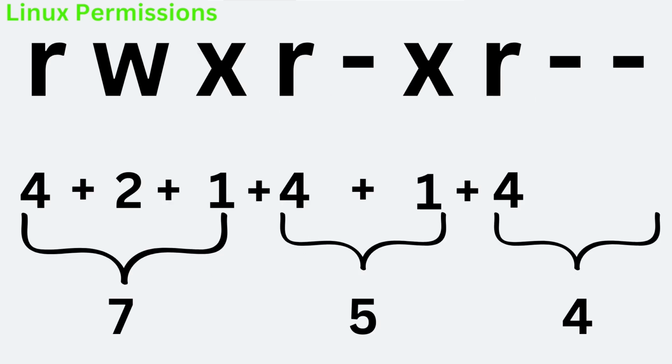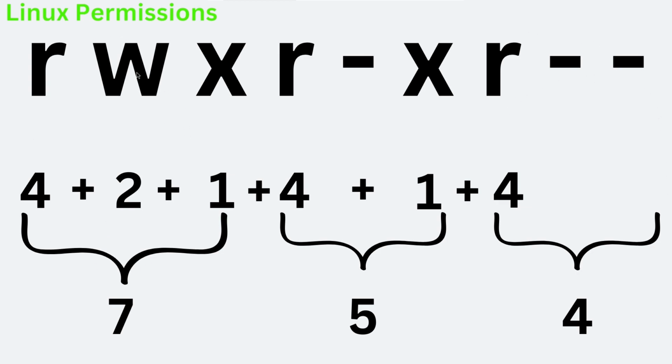So for instance, a file with these permissions could be represented as 7, 5, 4. 7 for the owner, as you can see here, 5 for the group, and 4 for the others.